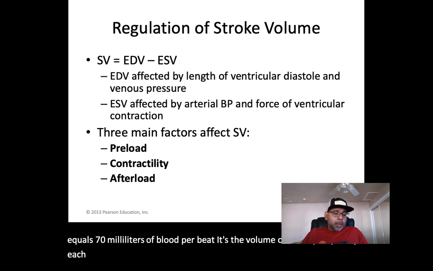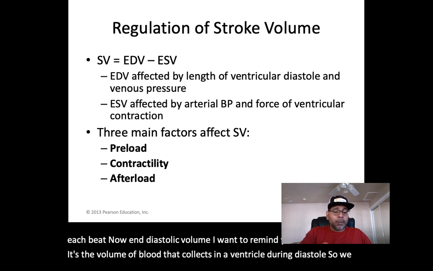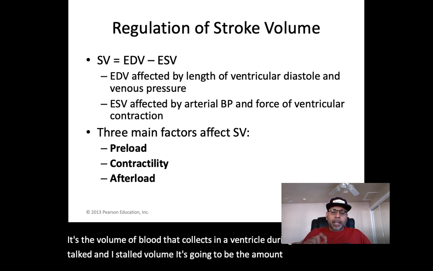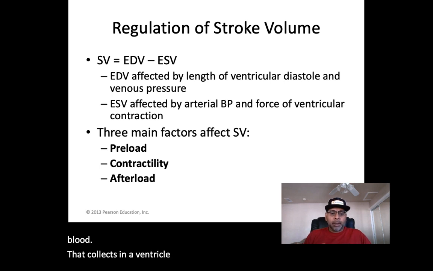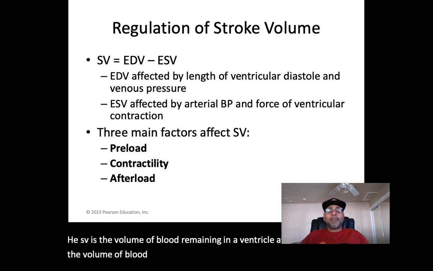Now, end diastolic volume, I want to remind you, it's the volume of blood that collects in a ventricle during diastole. End systolic volume, ESV, is the volume of blood remaining in the ventricle after it has contracted.